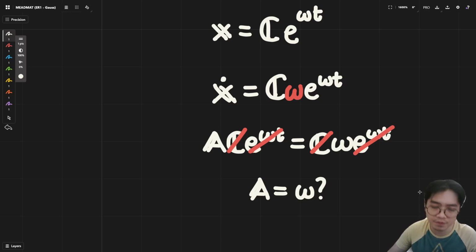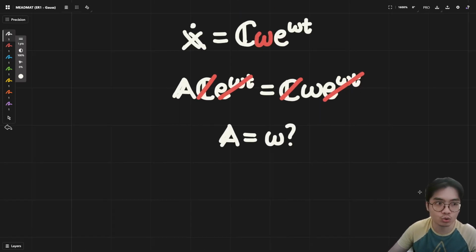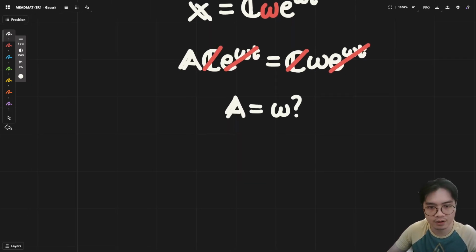Now, this is the perfect time for us to introduce an eigenvalue. Say, for example, how can a matrix be equal to a number? Or in other words, how can a matrix be equal to a scalar? This is how.